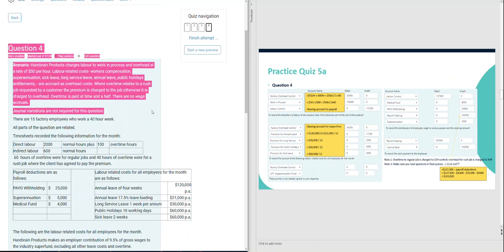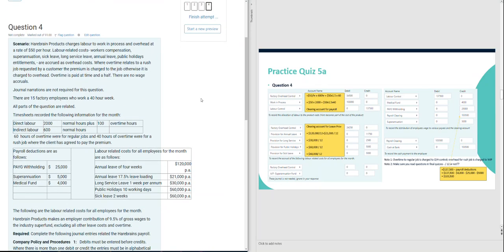Airbrain products charges labor to work in process and overhead at a rate of $50 per hour. So the hourly rate is $50 per hour. Now, labor-related costs such as workers' compensation, superannuation, sick leave, long service leave, annual leave and public holiday. I'm reading the question here, okay?